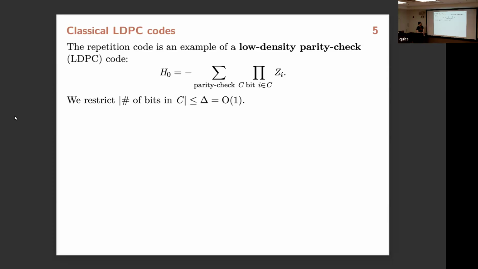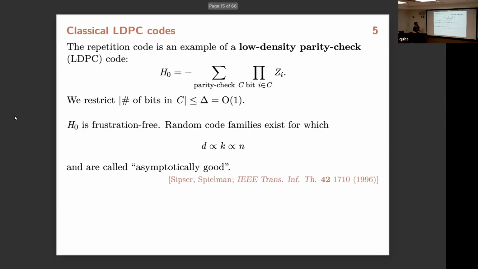So this is a q-body interacting Hamiltonian, although there may be no spatial locality. Indeed, in the most interesting LDPC codes, they're defined on what are called expander graphs, so infinite dimensional objects. If we choose an honest code where H0 has multiple degenerate ground states, then this Hamiltonian would be frustration-free.